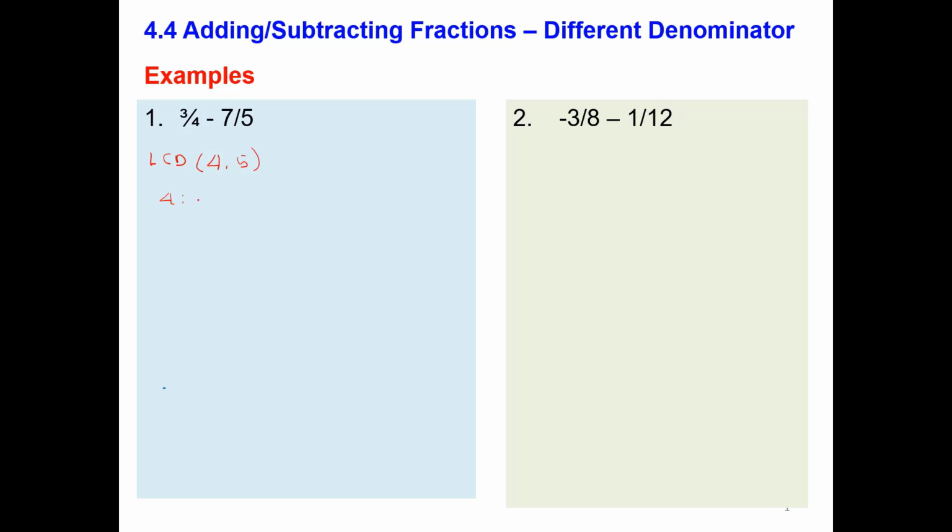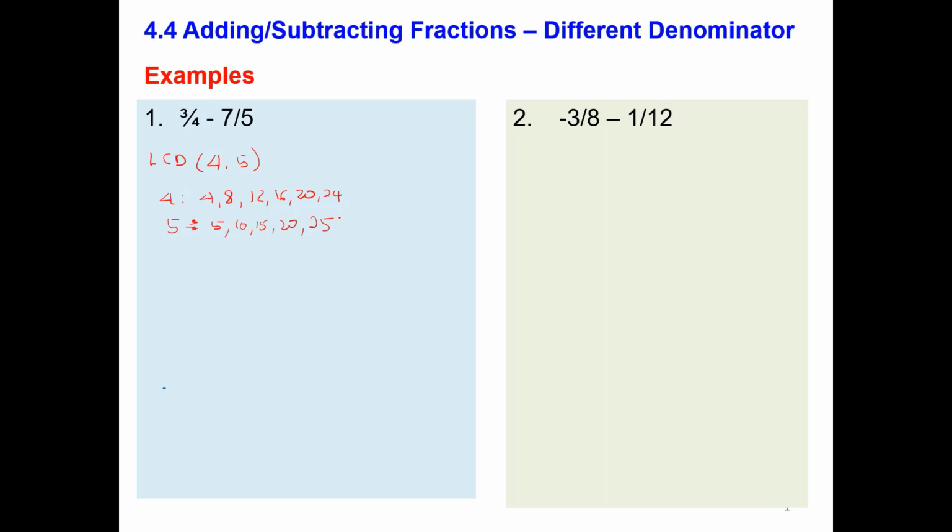List all the multiples of 4: 4, 8, 12, 16, 20, 24. The multiples of 5 will be 5, 10, 15, 20, 25.